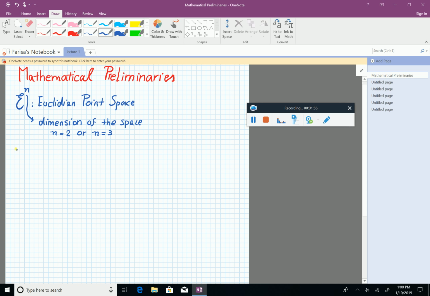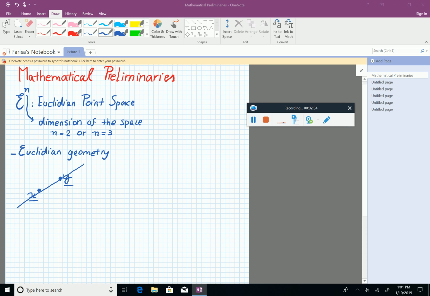So what do we mean by that? For example, if we have 2 points in this space, point X and point Y, one of the properties is that you can pass a straight line through these 2 points.